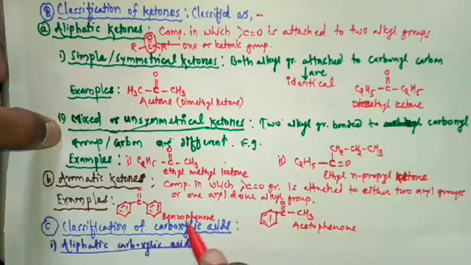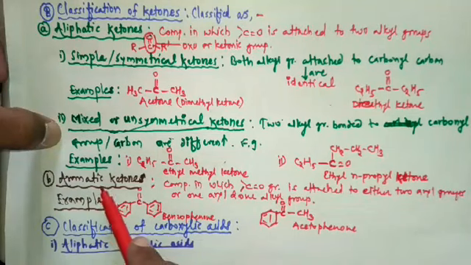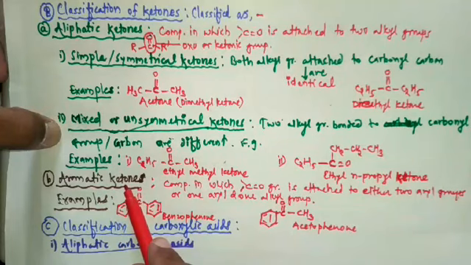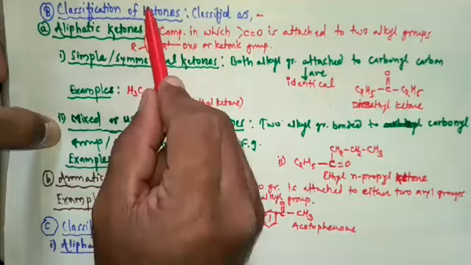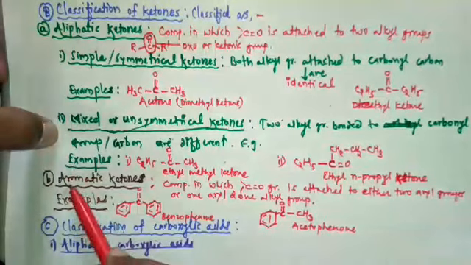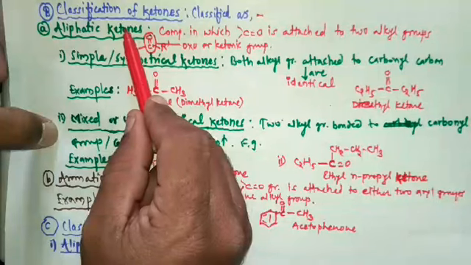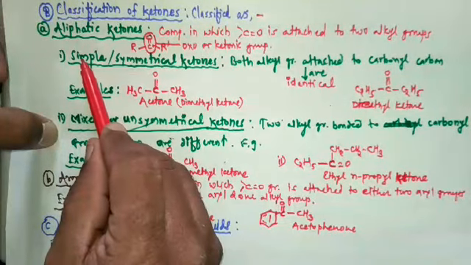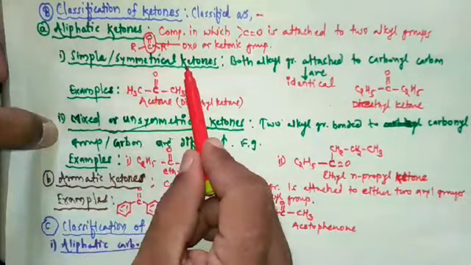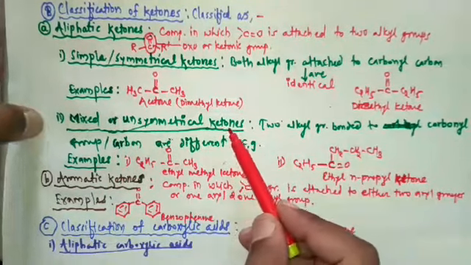So we studied here about the second class of ketones, that is aromatic ketones. Remember that ketones are classified into two main classes, aliphatic ketones and aromatic ketones. Aliphatic ketones are further classified into simple or symmetrical ketones and mixed or unsymmetrical ketones.